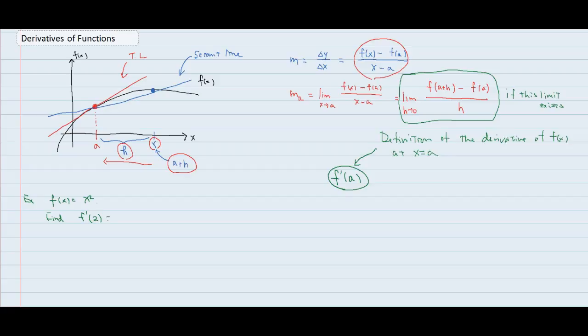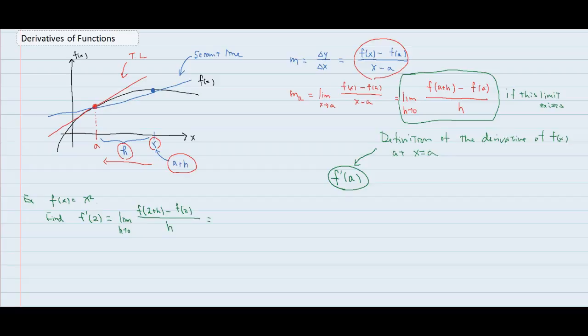So, using the definition, this is the limit as h goes to 0 of f of, now a in this case is 2, so it's going to be 2 plus h minus f of 2 all over h.